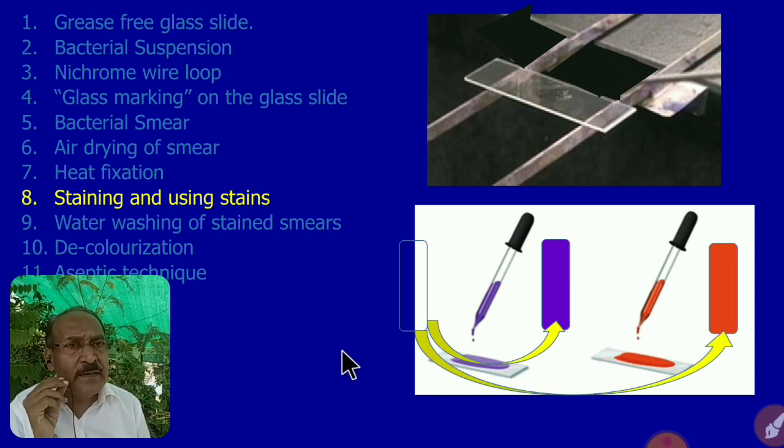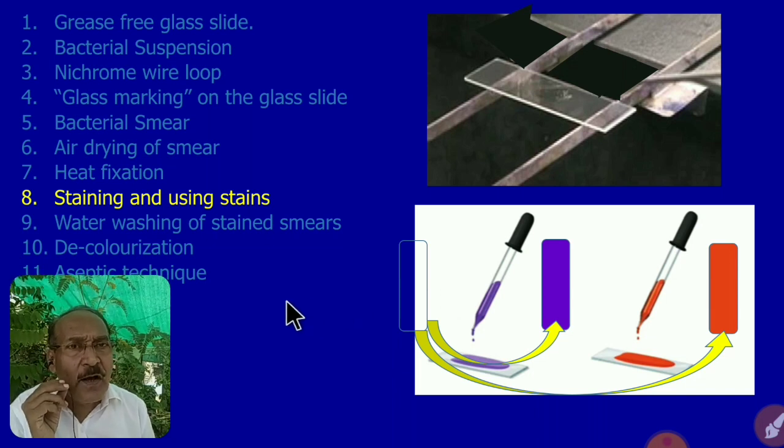Now once you stain it, suppose this is one colorless cell. If you stain it with this purple colored stain, then bacterial cells get stained purple in color. Or if this colorless cell is stained with, say, this red colored stain, say safranin, then cells get stained red in color. So doing this is known as staining or using stains. Understood?